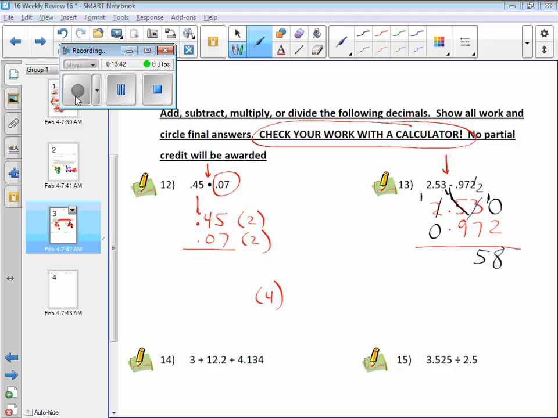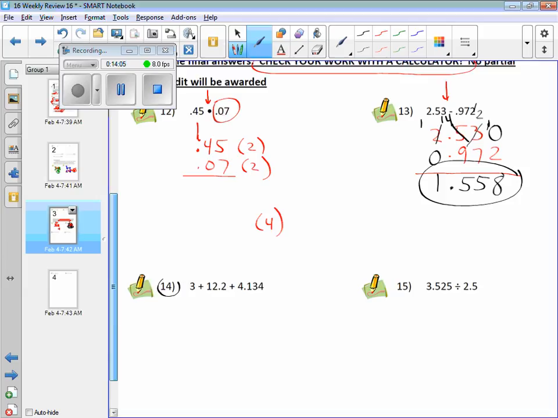Cross out 2, make it a 1. 14 take away 9 is a 5. Bring my decimal straight down. 1 take away 0 is 1. And again, check it with a calculator, be sure, but you should get 1.558.